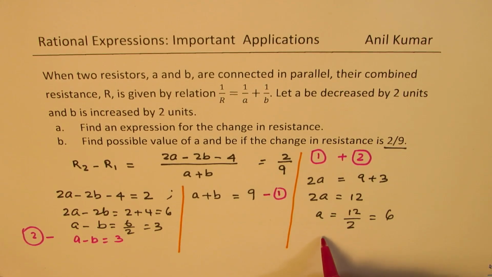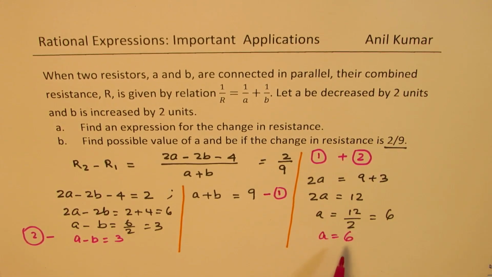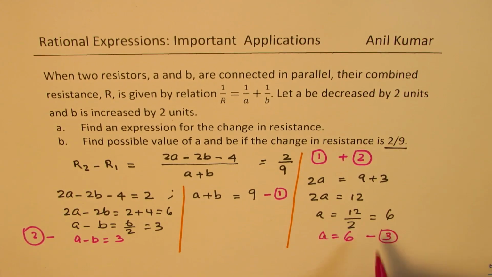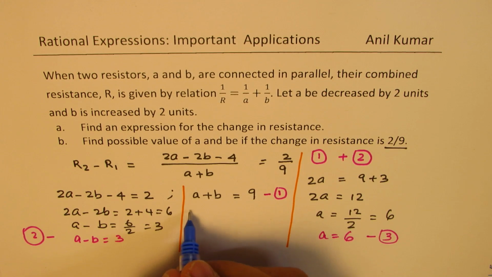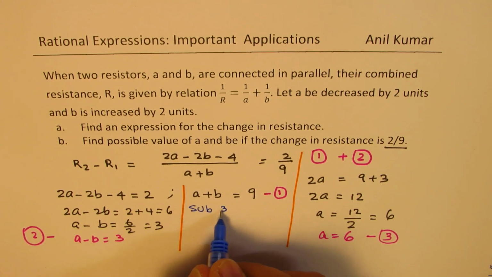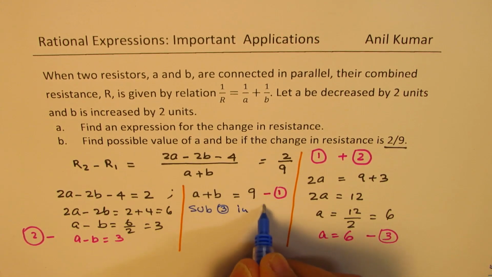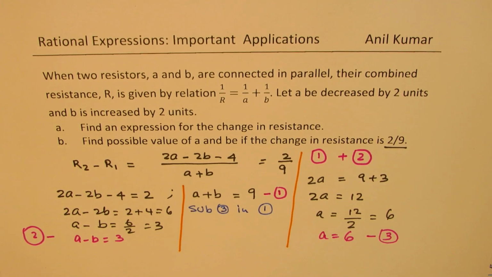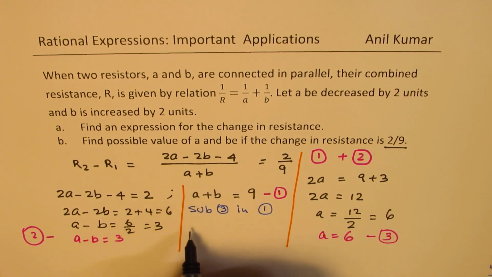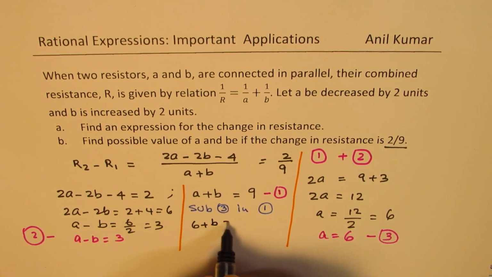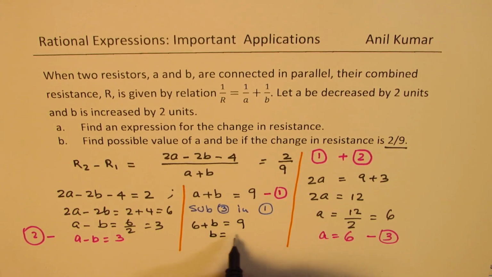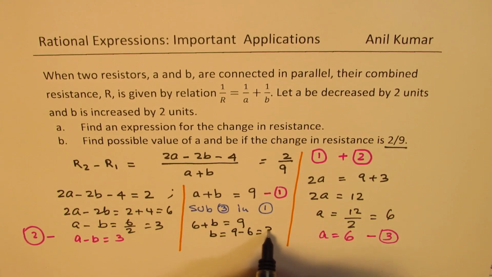Once we have a, which we found as 6, we can substitute and find the value of b. Let's call this our equation number 3. We'll substitute 3 in 1. So a is 6 for us. We write 6 plus b equals 9, or b equals 9 minus 6, which is 3.